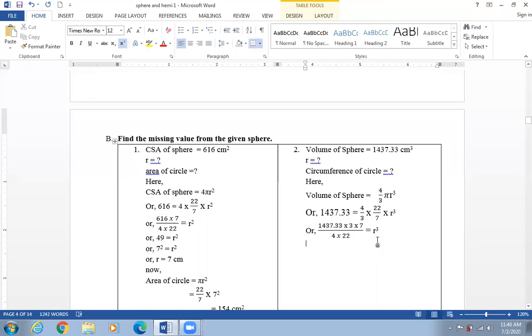Then how much will be the value? 1437.33. Be quick, just 2 minutes left.